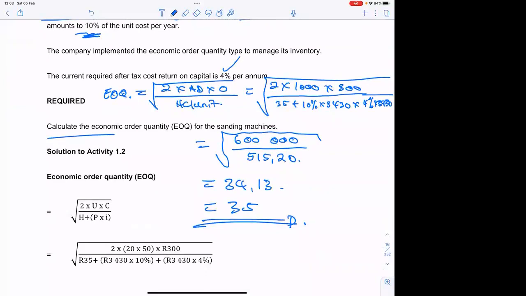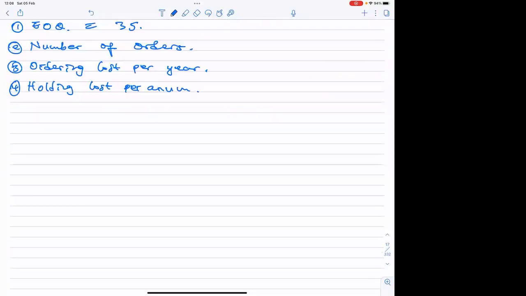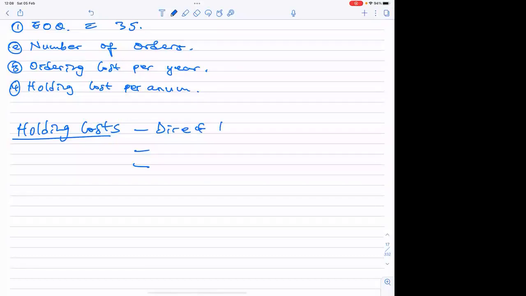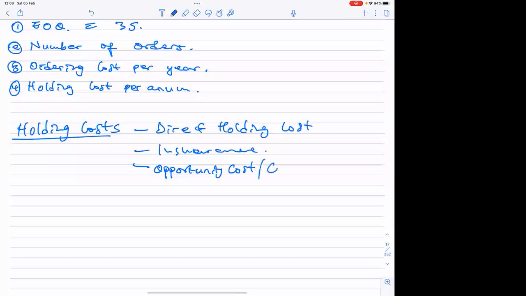Okay. Remember what we said about our holding costs. Your holding costs will be having your direct holding costs. You can have your insurance. You can have your opportunity cost or the cost of capital.